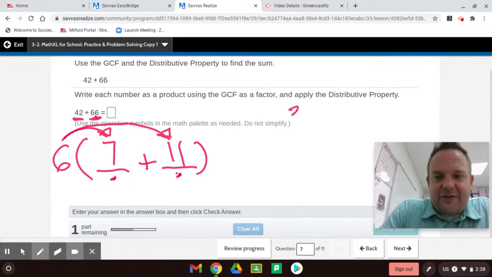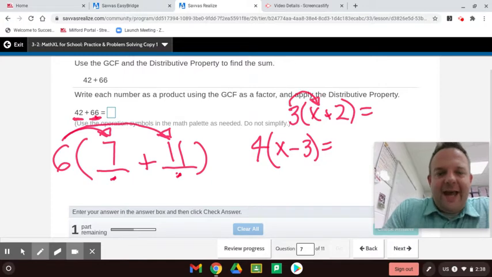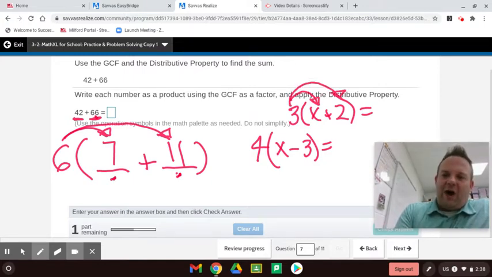Let me show you some other distributive properties that we're going to be doing in the future, just so in 30 seconds I can teach you some cool things that you didn't know. Okay, this one, there's 3 distributes here. I had a student brilliantly ask me, why do we do this? Doesn't this seem a little ridiculous, to write this distributive property out like this?